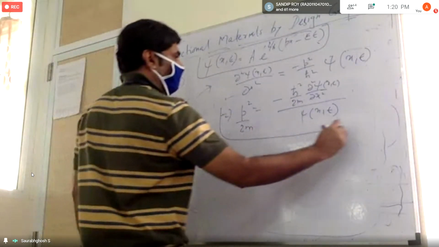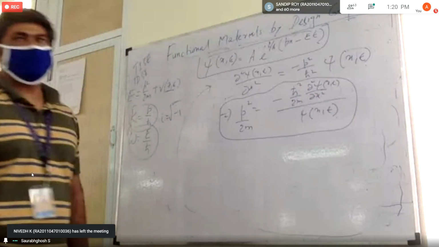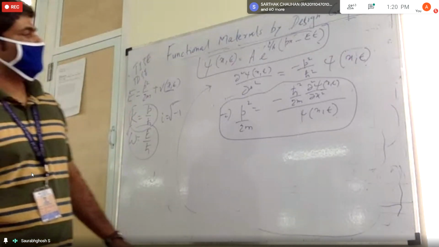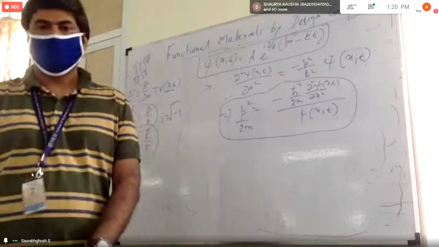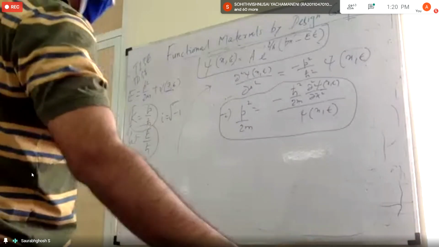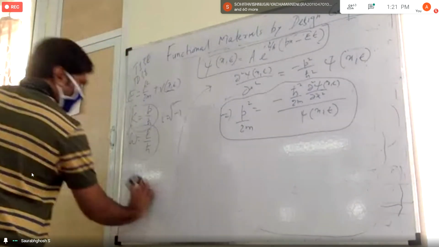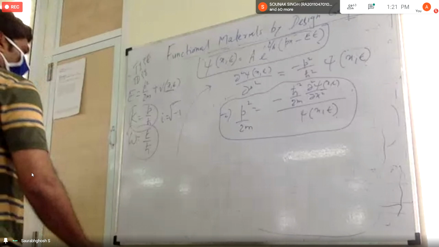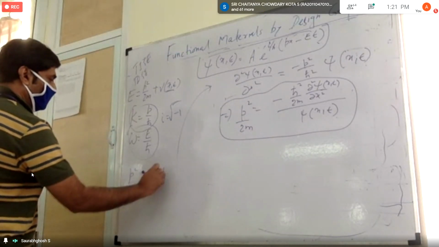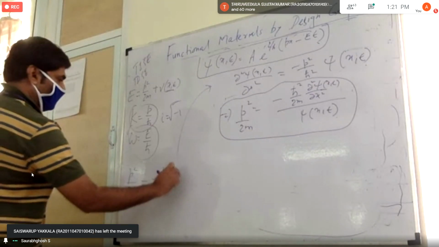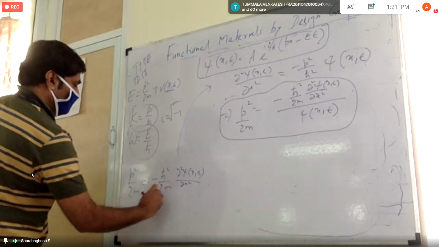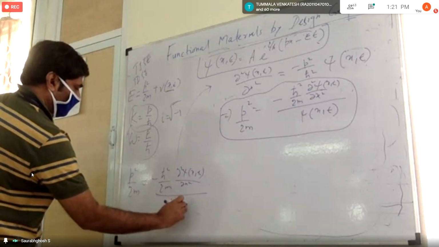So p square by 2m is equal to minus h cut square by 2m, del square psi(x,t) by del x square, divided by psi(x,t). Remember this p square by 2m. We have to preserve this equation somewhere because we are going to use it.